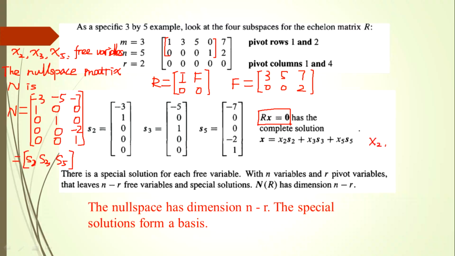You can express it using x2, x3, x5, which are real numbers, or as usual, we can express the solution as C2S2 plus C3S3 plus C5S5. It doesn't matter. You write C1S1 plus C2S2 plus C3S3. The textbook just writes S2, S3, S5. We just follow that. They denote those three special solutions. It doesn't matter.